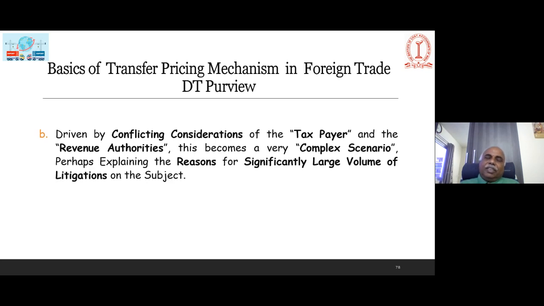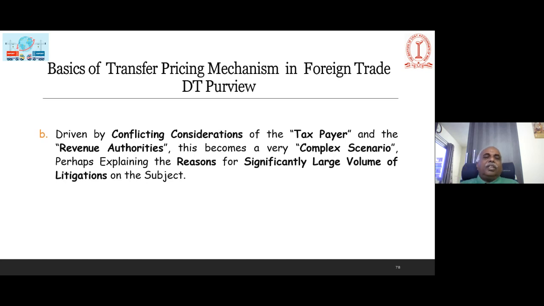The taxpayer's argument is one thing, the tax authorities' argument is another thing, and it becomes a very complex scenario. Convincing the revenue authorities is also an art. Perhaps this explains the significantly large volume of litigation on this subject.